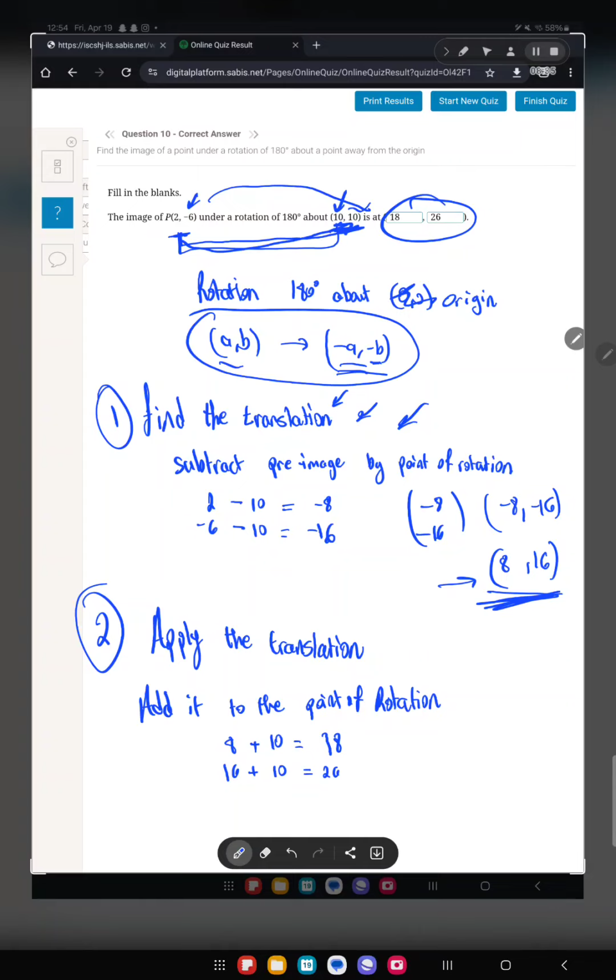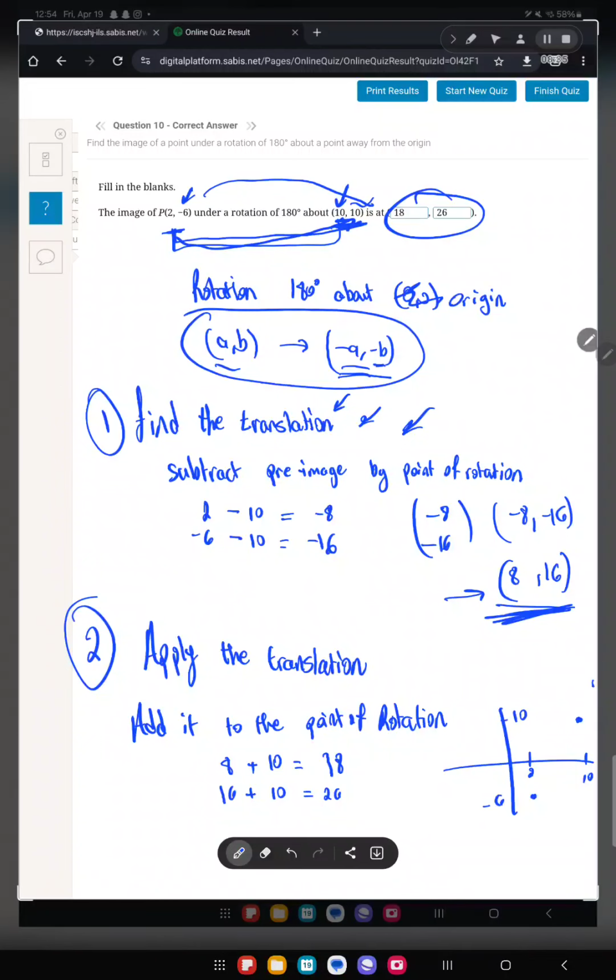What do I have to do with the translation? Think about you're on a graph. The point (10, 10) is over here, and you have (2, −6), which is over here. You want to rotate it 180 degrees, so it's going to end up over here on the other side, because it has to be a straight line.